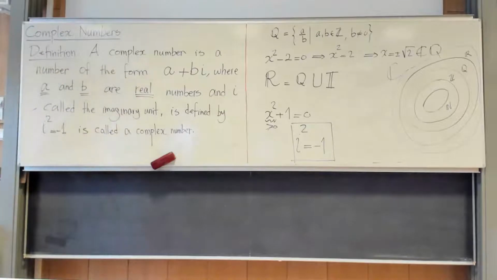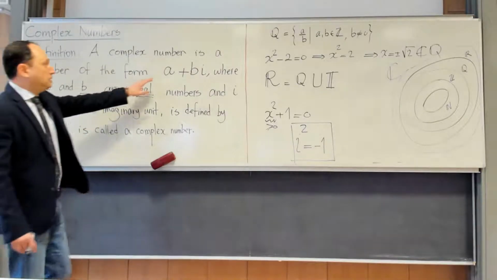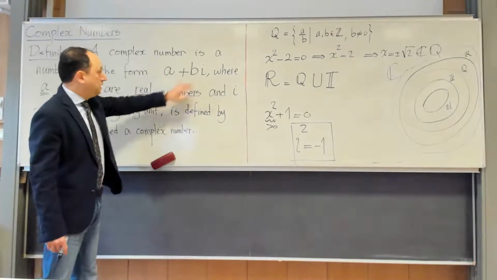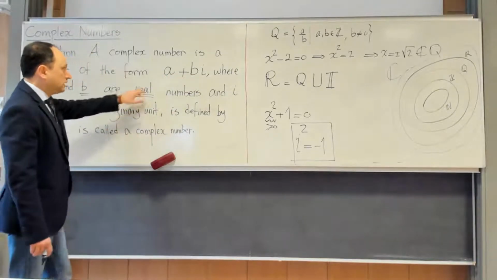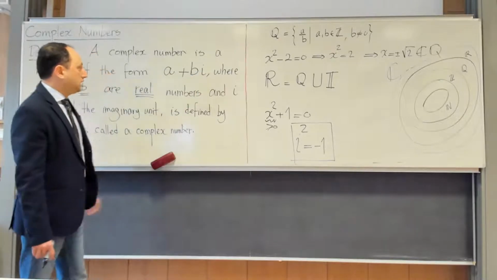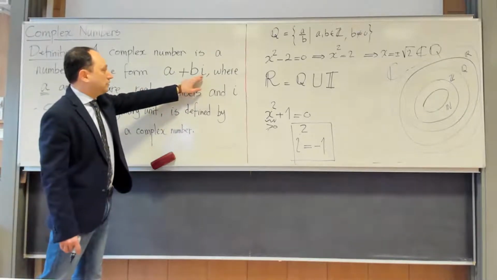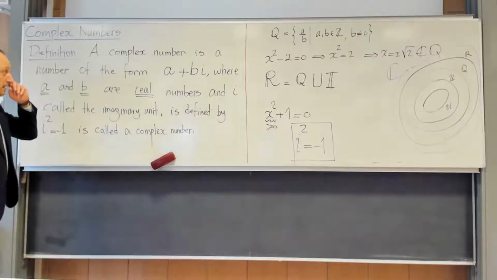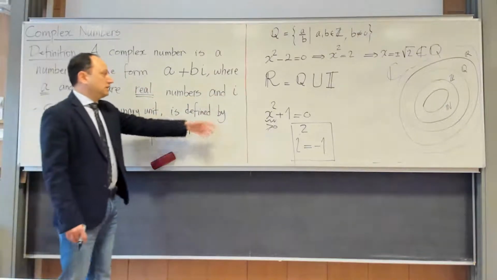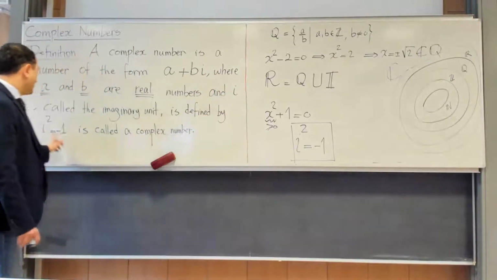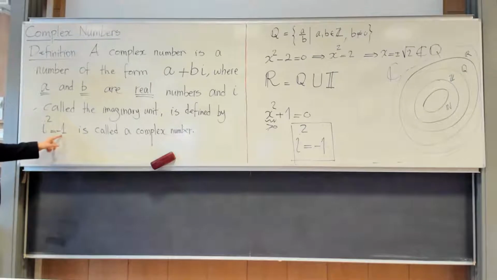I'm saying that a complex number is a combination of this form where A and B are real numbers, but then something new is here, and that is I. If someone asks you what is I, its name is first of all the imaginary unit, and it is a symbol, a number in the world of complex numbers whose square is equal to -1. That's called a complex number.